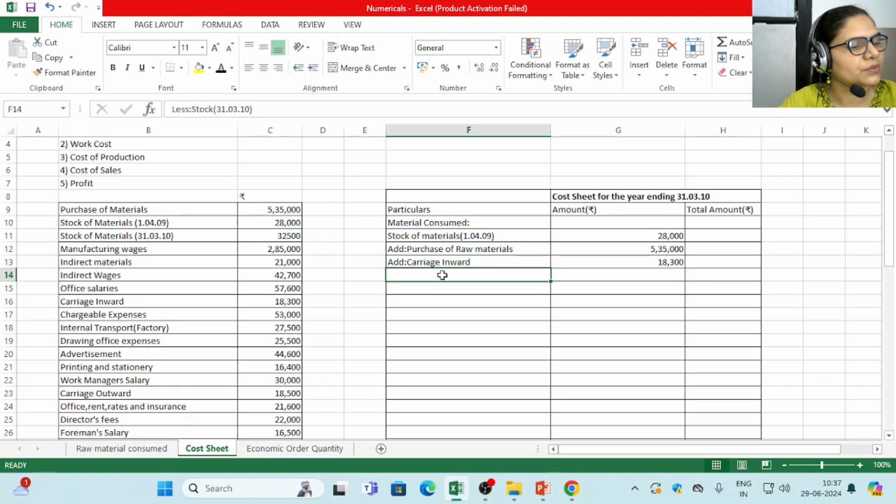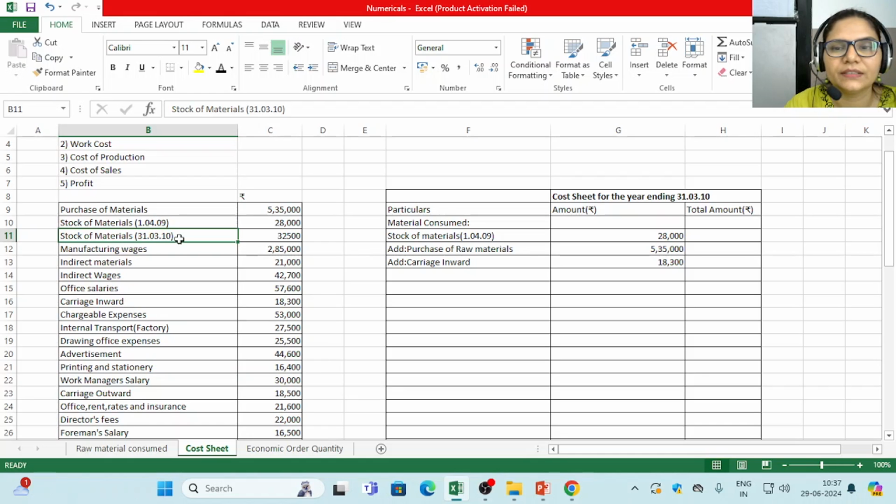Now, from this value we will deduct closing stock. Closing stock is of 31st March 2010, so this stock will be considered as closing stock, which is of value 32,500.